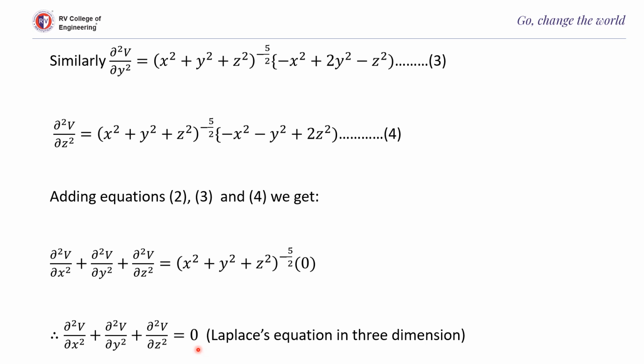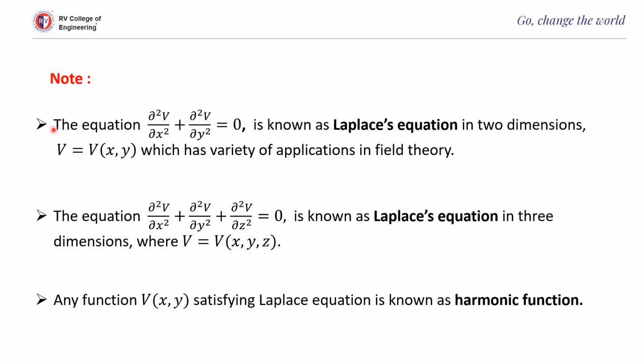And that is how we have proved dou square v by dou x squared plus dou square v by dou y squared plus dou square v by dou z squared is equal to 0. This equation is known as the Laplace equation in 3 dimensions. So we'll just note these points which will be helpful in solving any kind of problems. First of all, we have dou square v by dou x squared plus dou square v by dou y squared equal to 0.